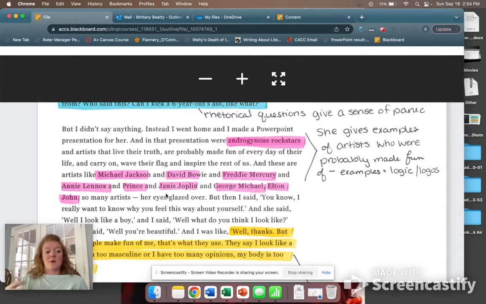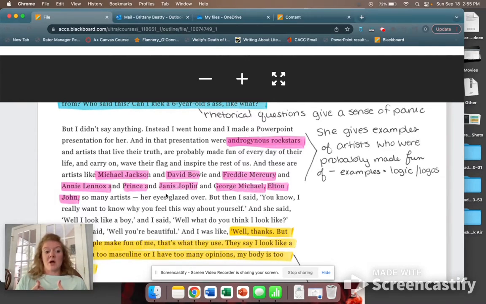Name dropping all of these people gives the logical sense that we should agree with her argument. Her overall argument is that people should be themselves. They should not change who they are to fit in with any group of people. And so she uses these particular rock stars as examples of that idea.